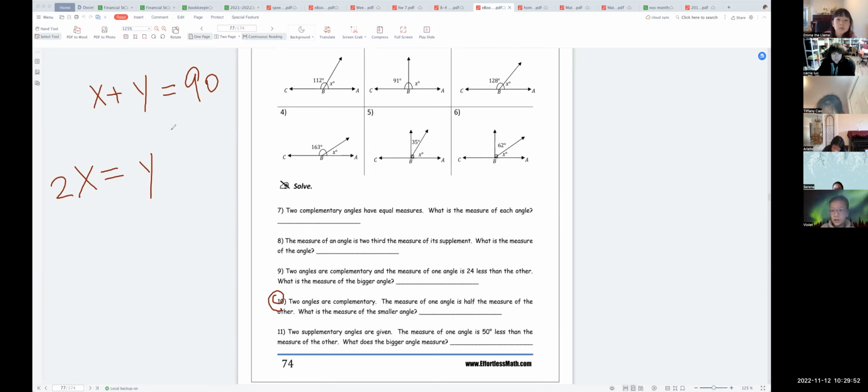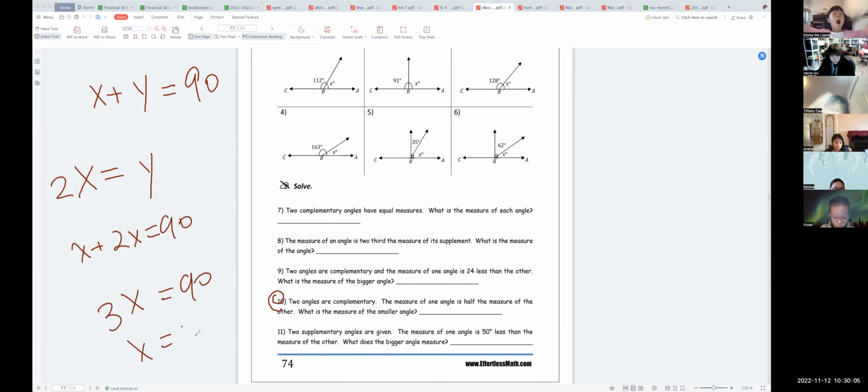I sent it to you. I send you the answer, Carrie. Very good. Okay, so now because we know 2x equals y, so x plus 2x equals what? Equals 90. So 3x equals 90. So x equals 30. So the other one, y equals 60. So the smaller angle is 30 degrees. I hope everybody gets it right because I received all the answers right.